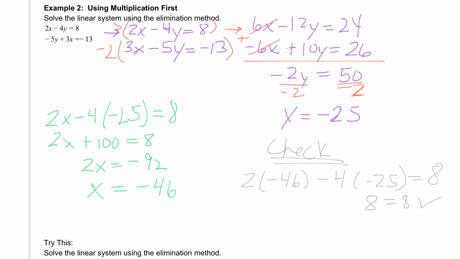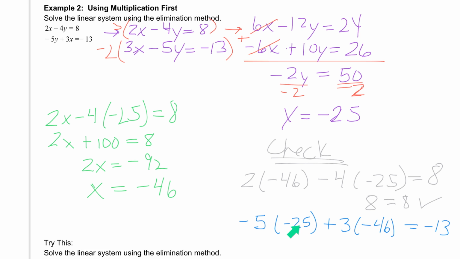Remember, we cannot tell by just the first equation. We also have to plug it into the second equation to make sure that this works. So now I'm going to go to my bottom equation, negative 5y, and instead of the y, I'm going to plug in the negative 25, plus 3x, and instead of x, I'm replacing it with negative 46, equal to negative 13. Again, my numbers are kind of large, so feel free to use that calculator.